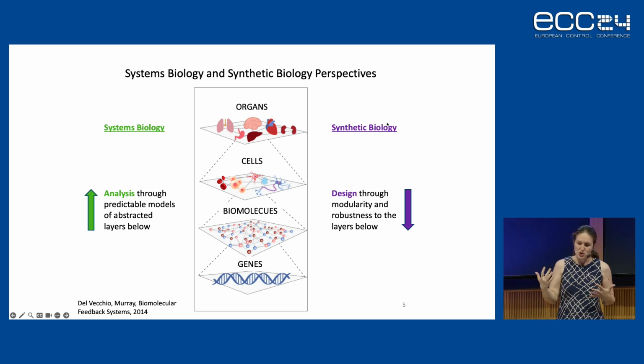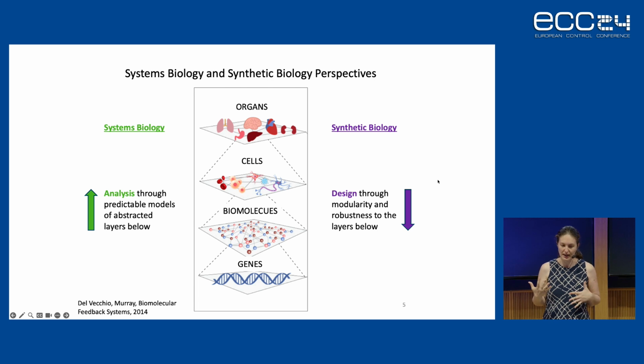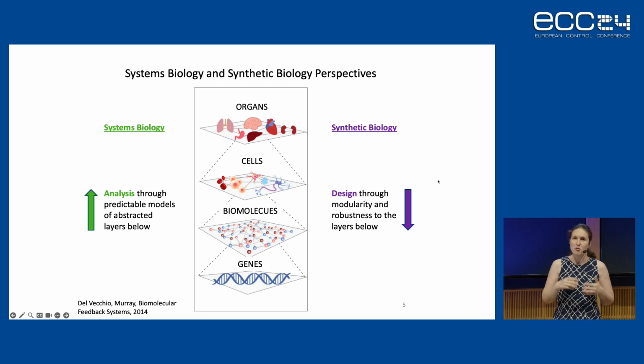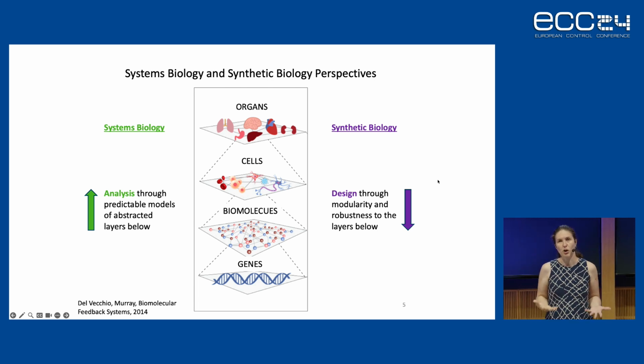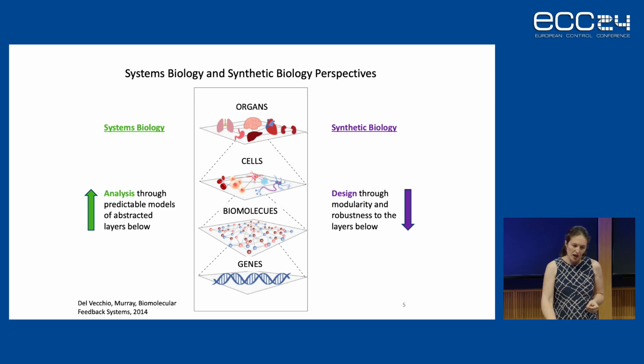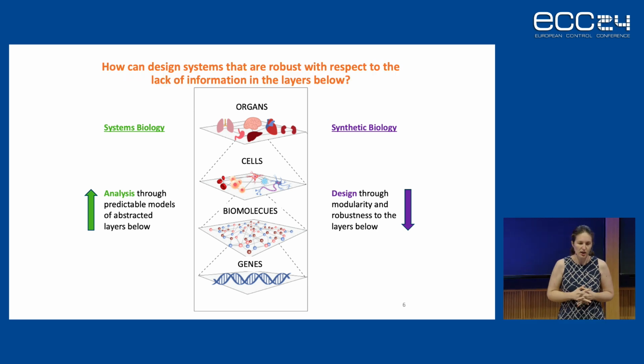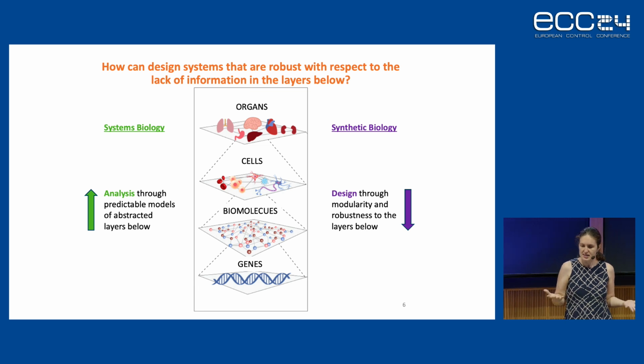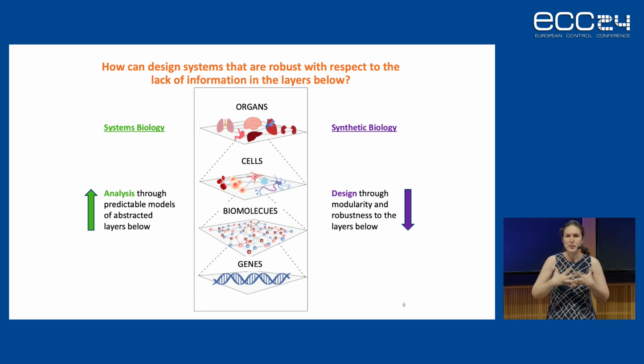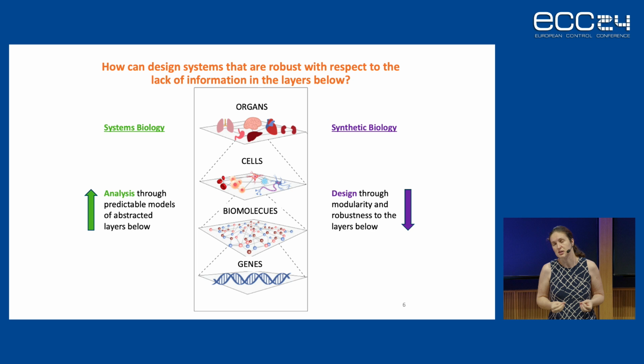Whereas in synthetic biology, we try to perform design through modularity and robustness to the things that we don't know in the layers below. So then, my broad question for the talk is, how can we design systems that are robust with respect to this lack of information in the layers below?